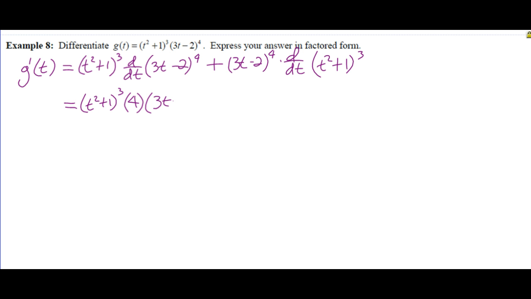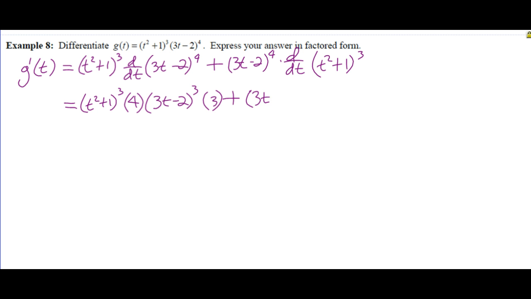So 4 times (3t minus 2) cubed times what? Times 3, right? So this is actual chain rule, real life chain rule, right? Because we could say times and then do the derivative of 3t minus 2, but really, okay. So it's 4 times this cubed times 3, okay, plus.